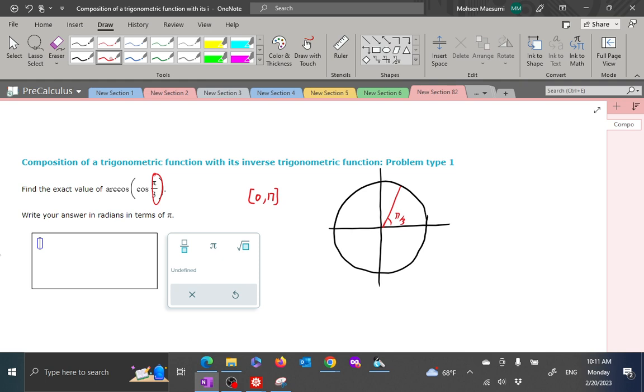The answer in this case is the easiest, because pi third is already in quadrant 1. We don't need to search for anything else. Pi third is already my answer because that angle is already in quadrant 1, and then I am satisfied with the requirement that I need to be in quadrant 1 or 2. So here the answer is easily just pi third.